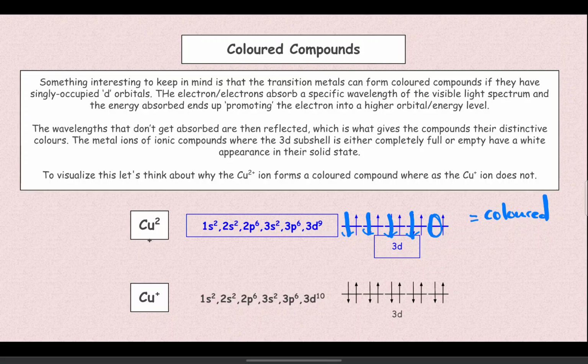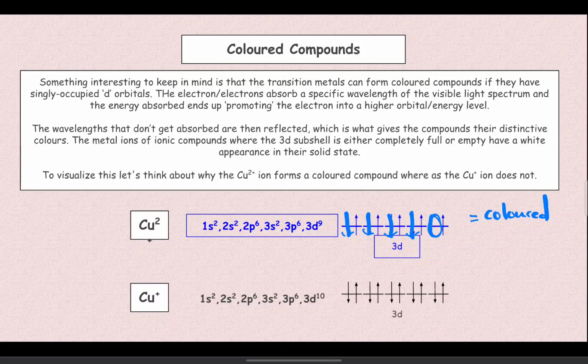Understanding the electron spins and the notation like that helps you understand why they become colored, because the wavelengths that don't get absorbed are then reflected, which is then what gives the copper its blue color. And then if the subshell was completely full, all of the wavelengths would be reflected, so it would just look white.